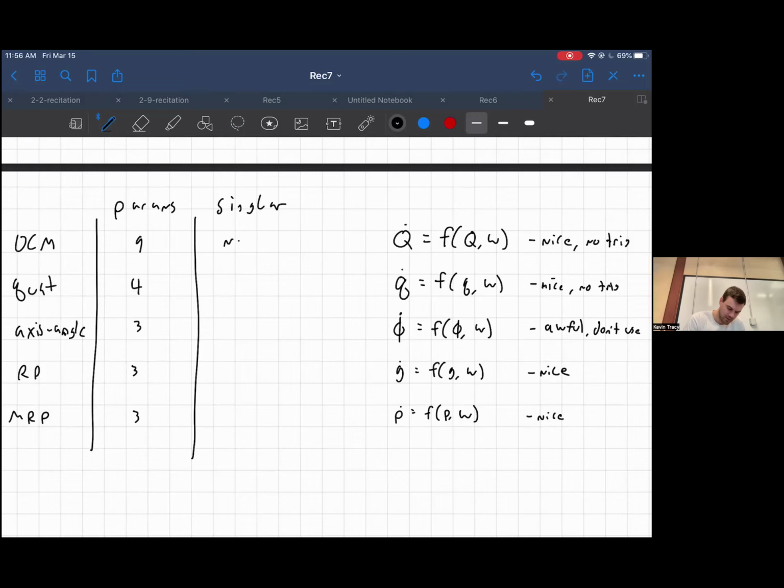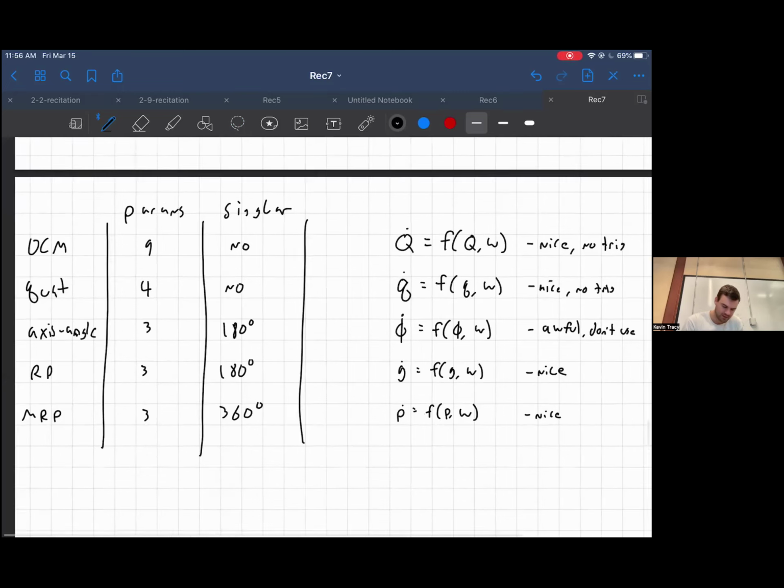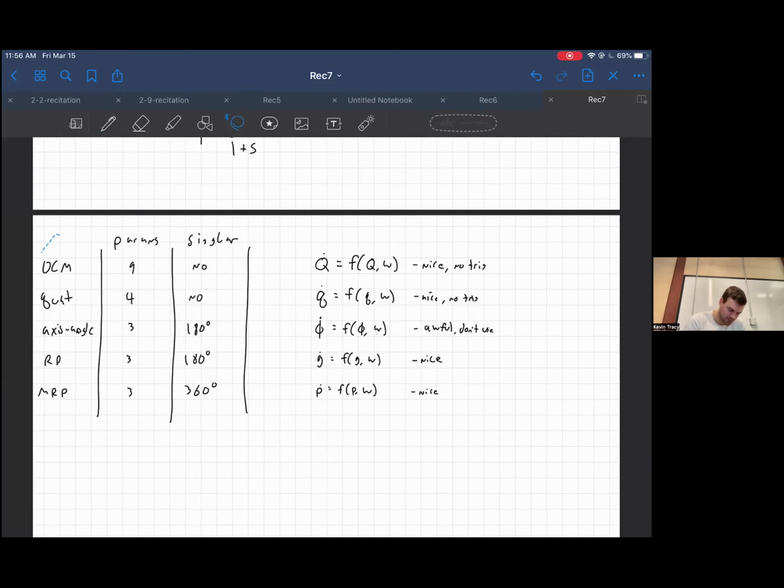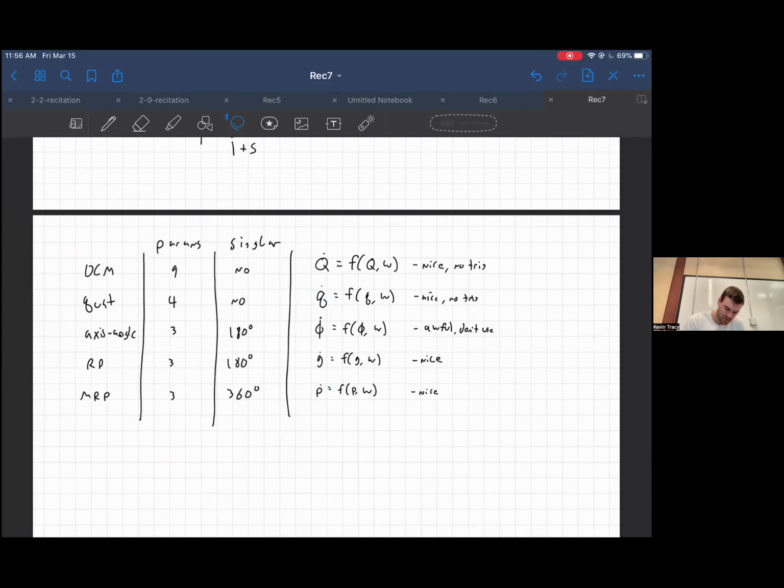Singular: no, no, 180, 180, 360. So I guess that's probably enough to put in here. There's a lot more you could put in, things like kinematics.